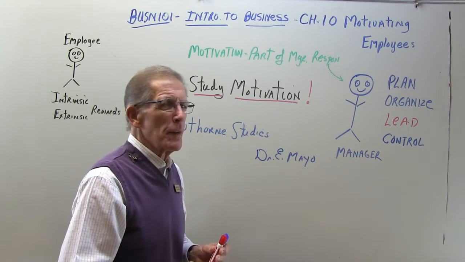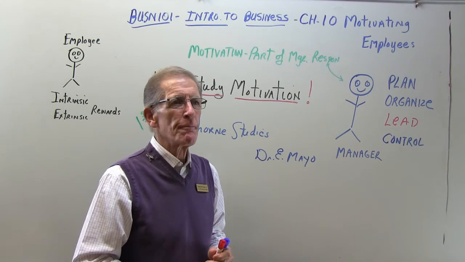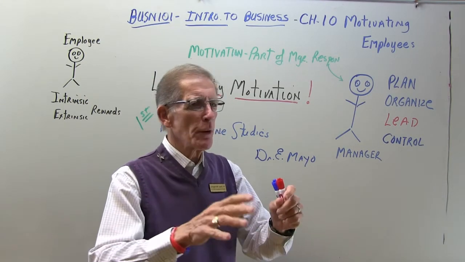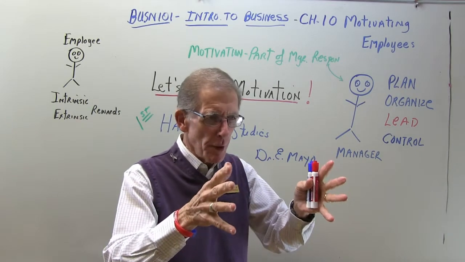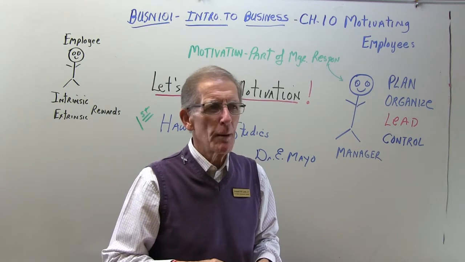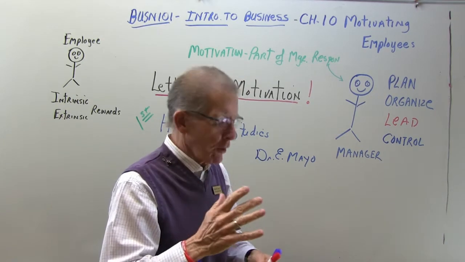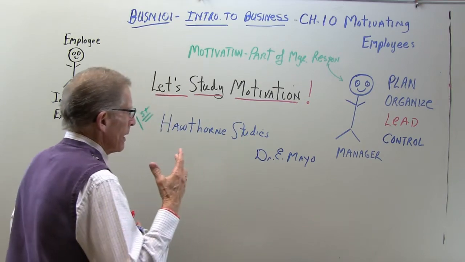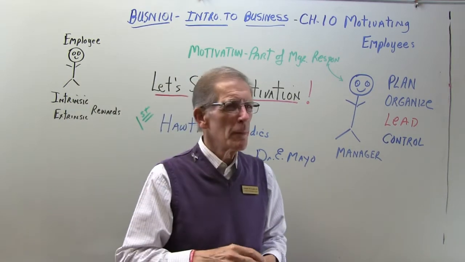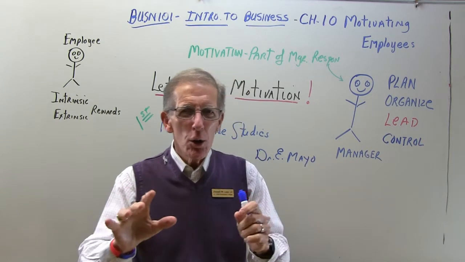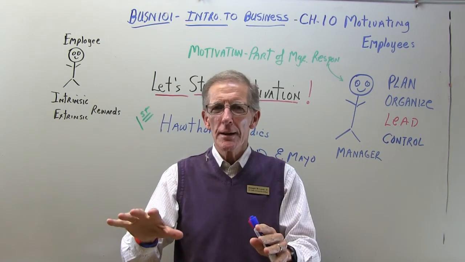What came out of those studies? You'd have two groups. You'd have a group that was the study group, and then you'd have the group that was not being studied. What they found was this: people that were a part of the study group, they knew they were being studied.